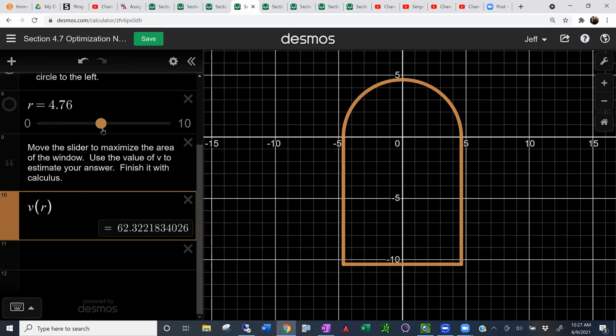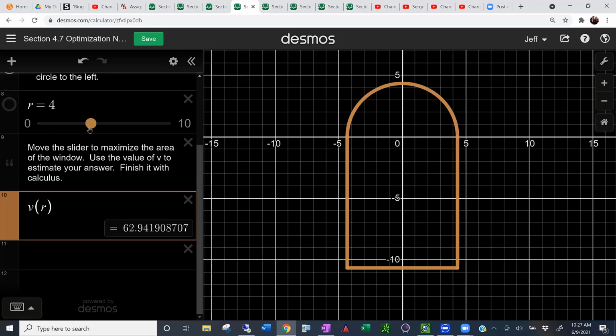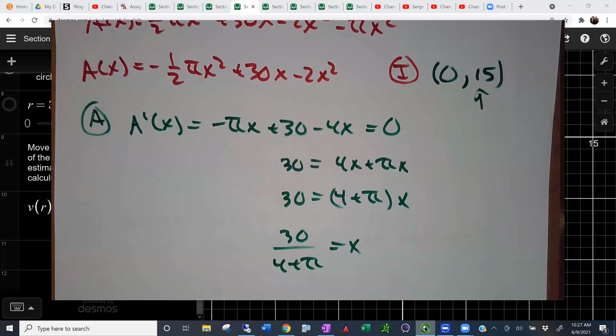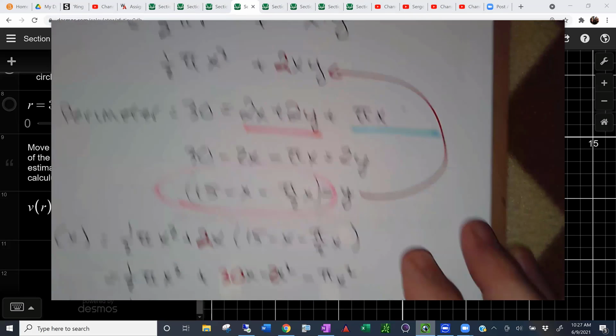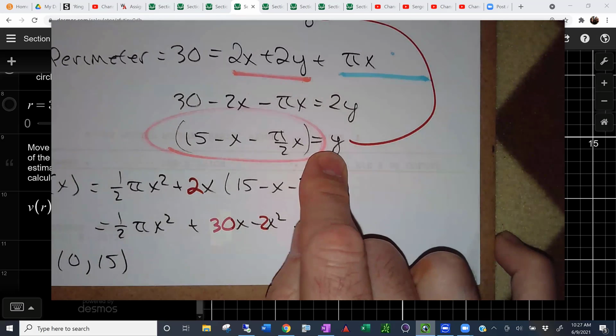But when we go past that, it's starting to shrink. So around that 4.2 looks like the sweet spot for the amount of light that we can get in. Once you have the value for x, you can go back and find the value for y through this formula. And it's not going to be pretty, but that's okay.